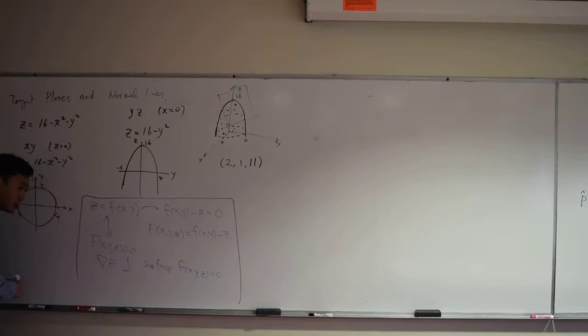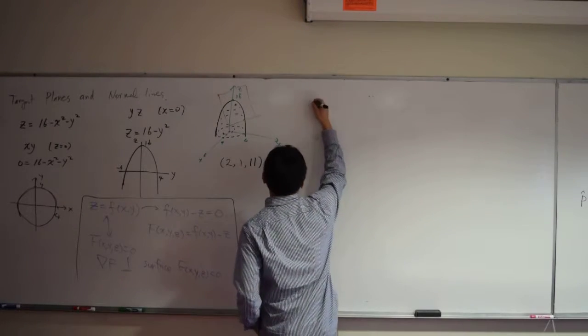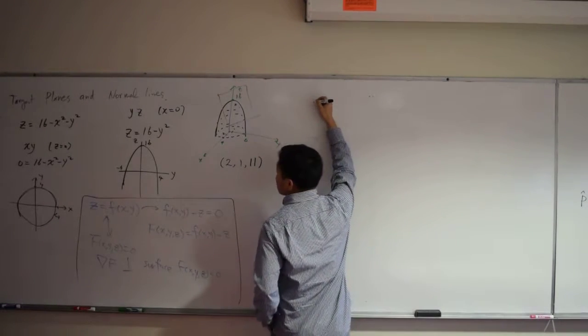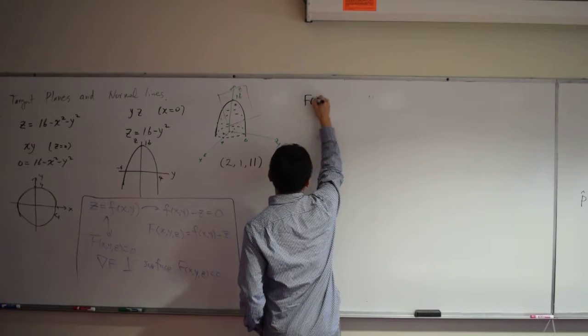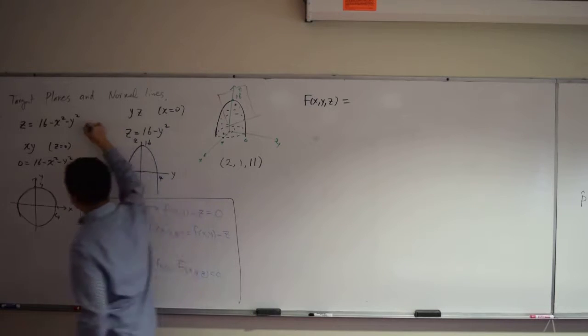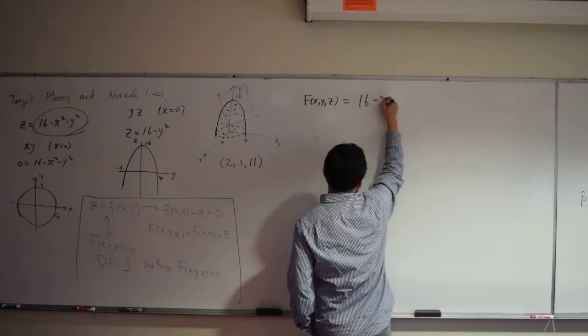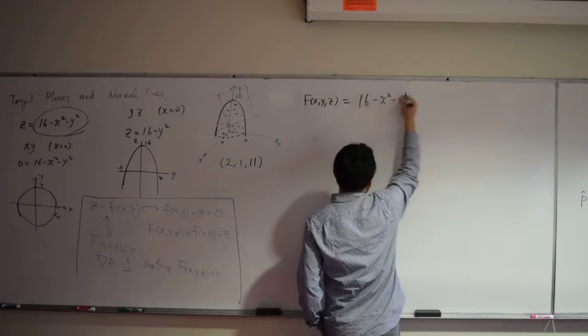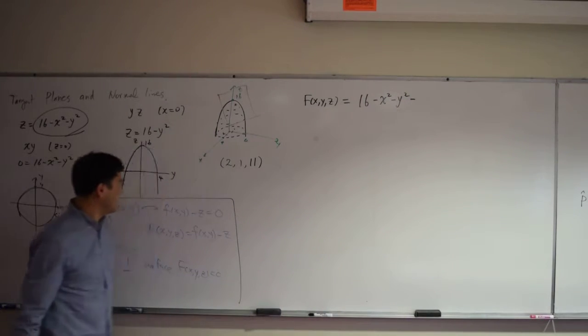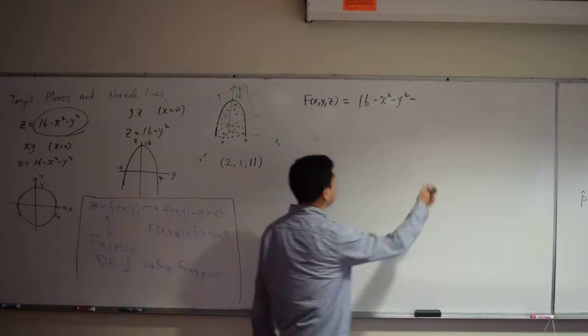Okay. So let's use that here. According to this prescription, we need to define capital F of x, y, z as this small function here, 16 minus x squared minus y squared minus what? What's the prescription? Minus z. You have to subtract z.